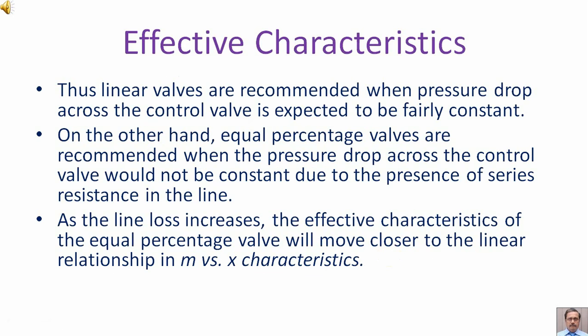Thus, linear valves are recommended when pressure drop across the control valve is expected to be fairly constant. On the other hand, equal percentage valves are recommended when the pressure drop across the control valve would not be constant due to the presence of series resistance in the line.